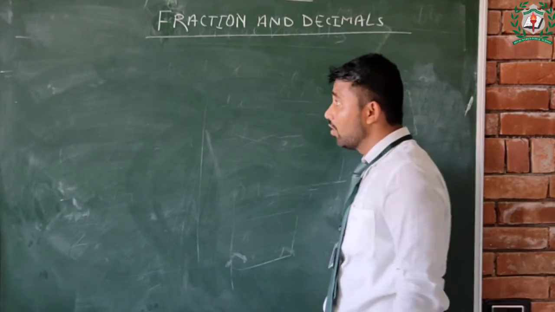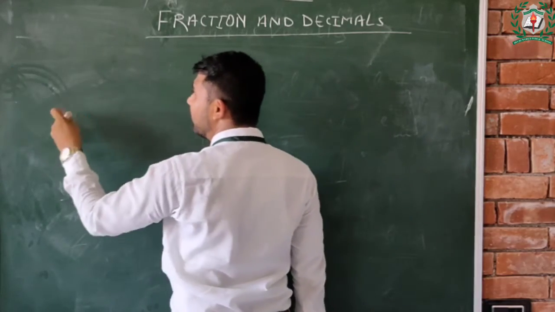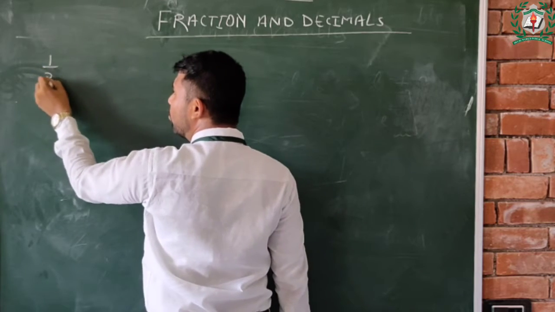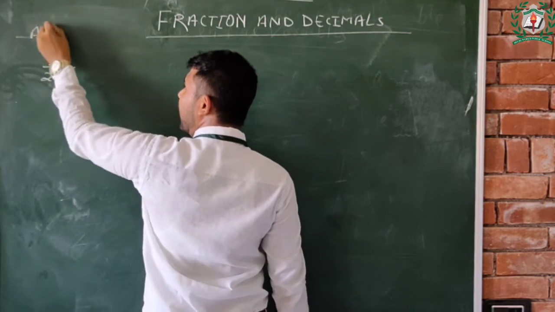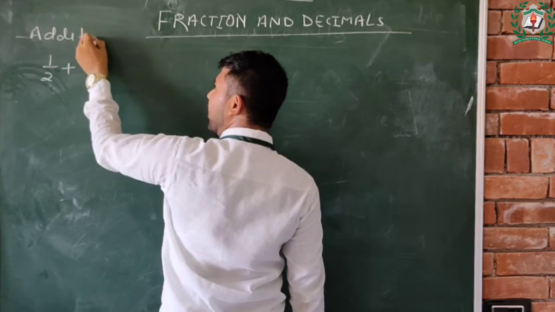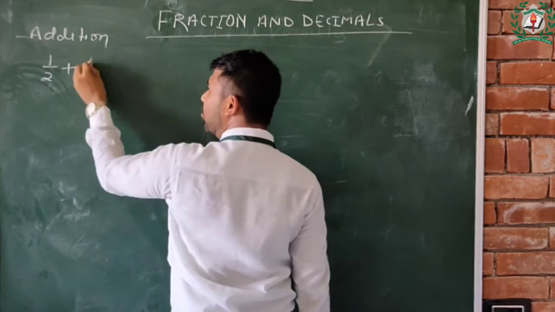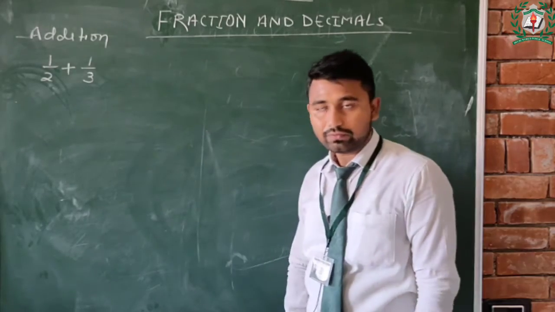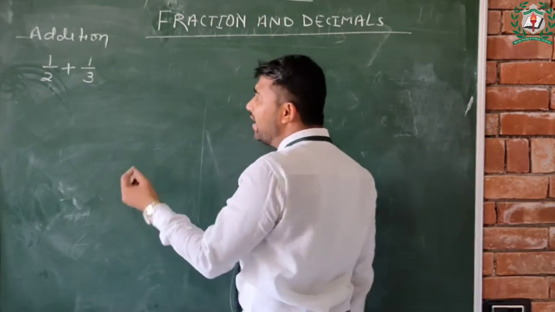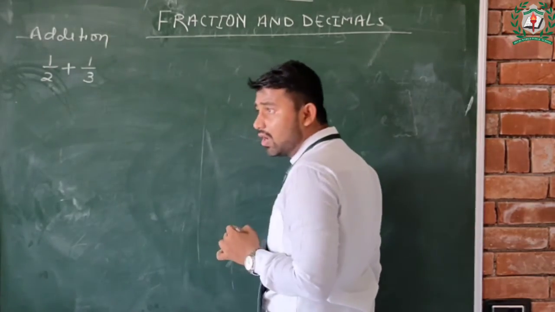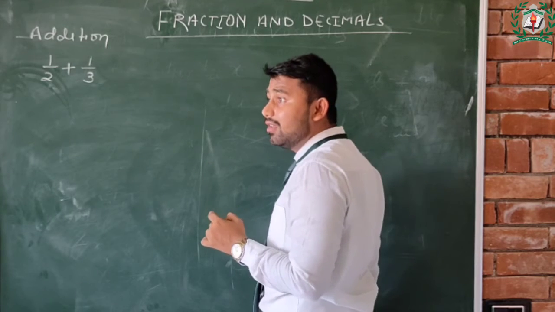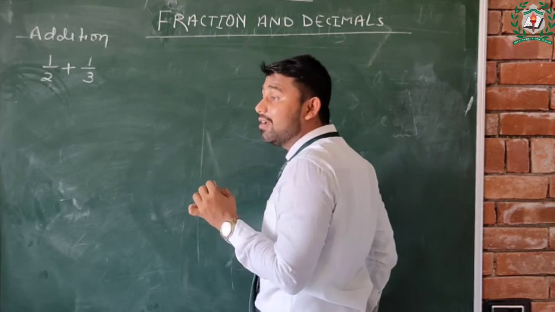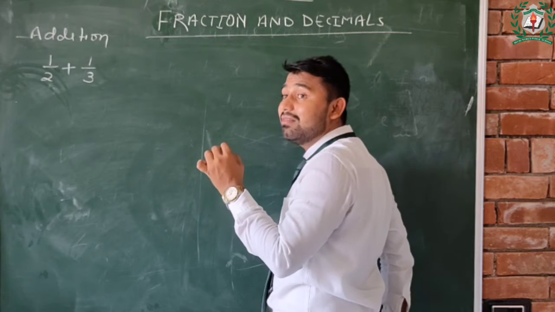fractions. Now this simple fraction, when you add 1 upon 2, if you say addition, when you add 1 upon 2 to 1 upon 3, how will you add this? You can add it by cross multiplication, or you can add these numbers by making the denominators the same.